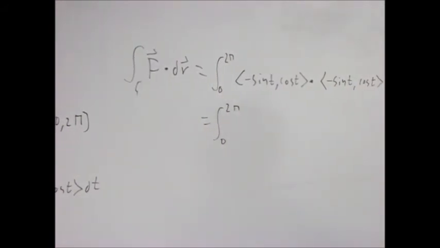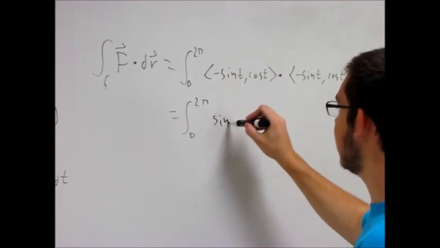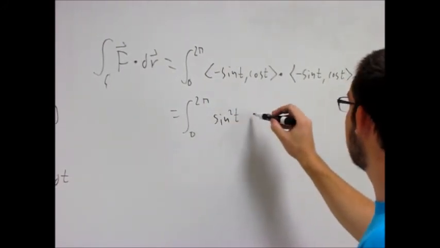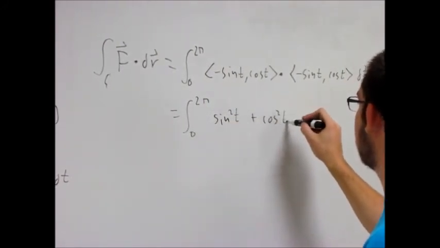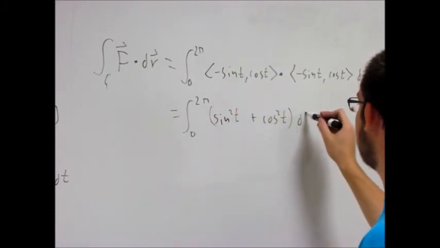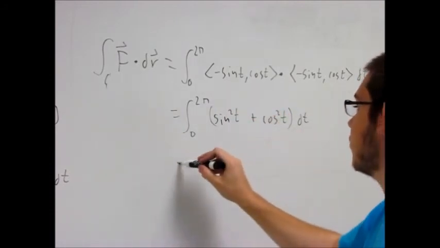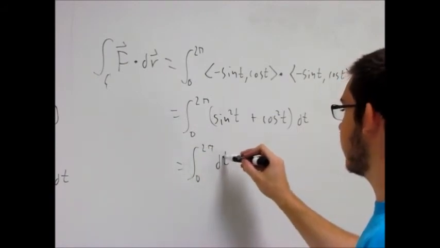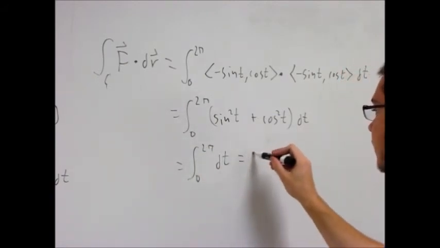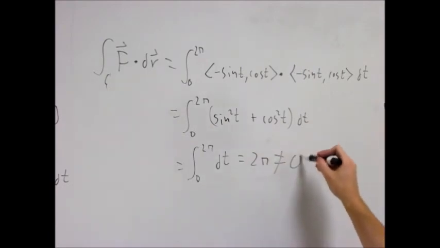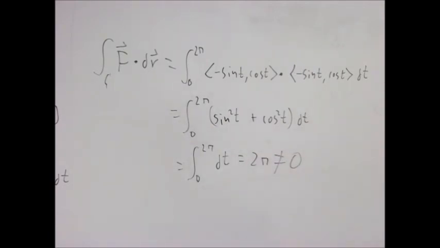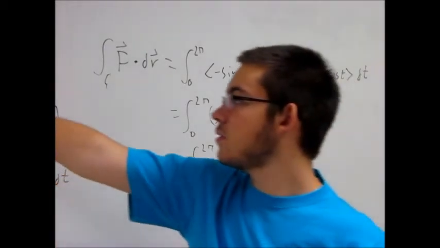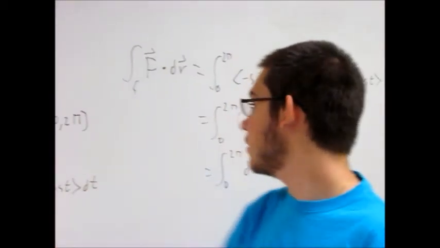Negative sine t times negative sine t is sine squared t, plus cosine squared t, and we know sine squared plus cosine squared is 1. So it's just the integral of dt, which is 2 pi, which is not 0. And so we've shown that it is not a conservative vector field.